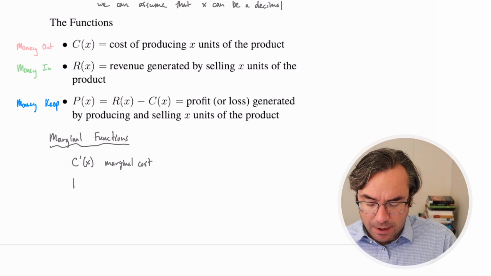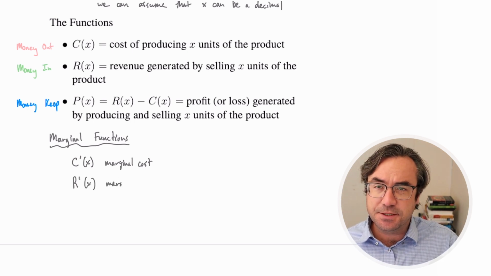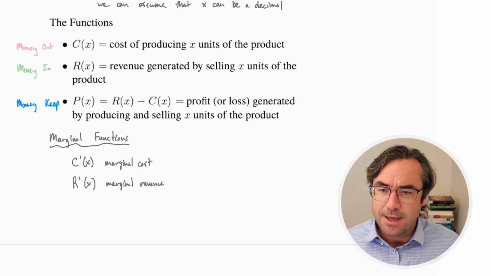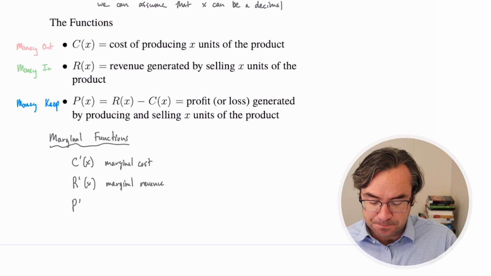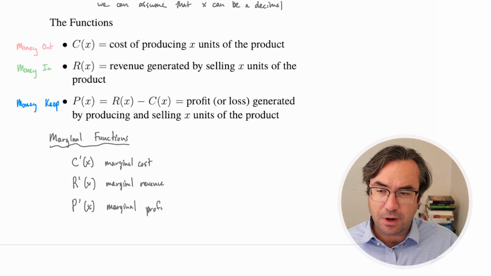And, well, R prime is, you can probably guess, marginal revenue. And then P prime, well, also, it's a marginal function, and this is what we call marginal profit.